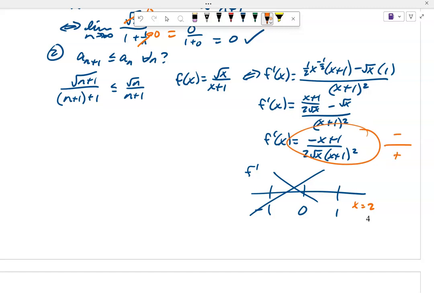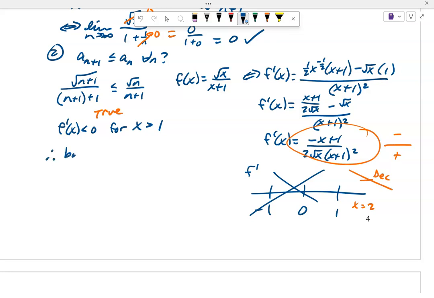The bottom is going to be a positive when I throw 2 in. So it is decreasing after 1. That's what we care about. So yeah, this is true. It's decreasing. The next term is always less than or equal to the prior term, right? So true from 1 on. So f prime of x is less than 0 for x greater than 1.